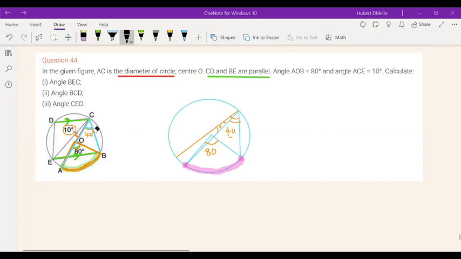I'm just going to erase a lot of stuff from here because I think it's getting in the way now. So this is 100. You agree with that? And this is 40, of course.